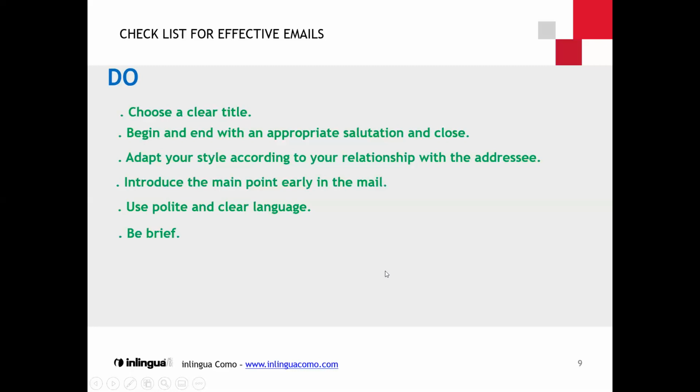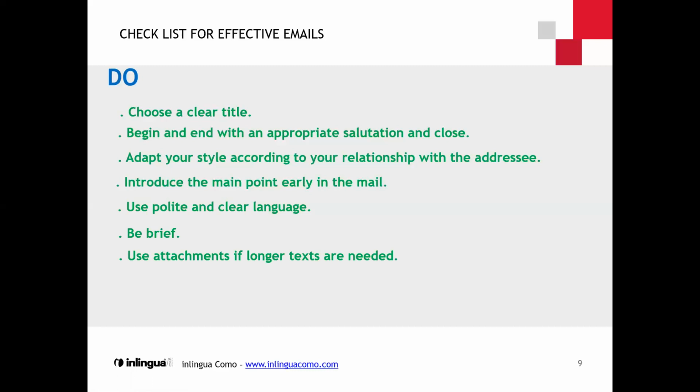Be brief. Nobody has time to read 3 or 4 pages of emails. You should be brief and to the point so that people understand right away what you're talking about and where you want to go. If you have 2 or 3 pages and too long emails, people generally will not read them or will not read all of the pages. Use attachments if longer texts are needed.